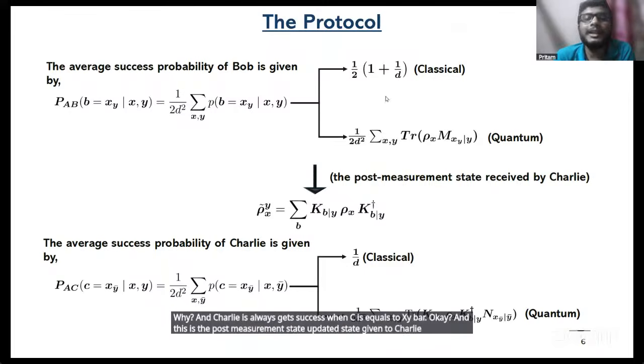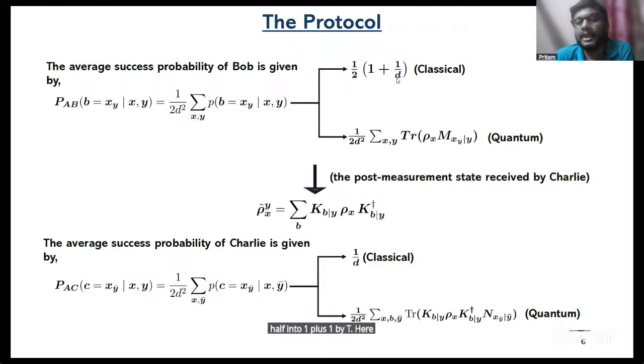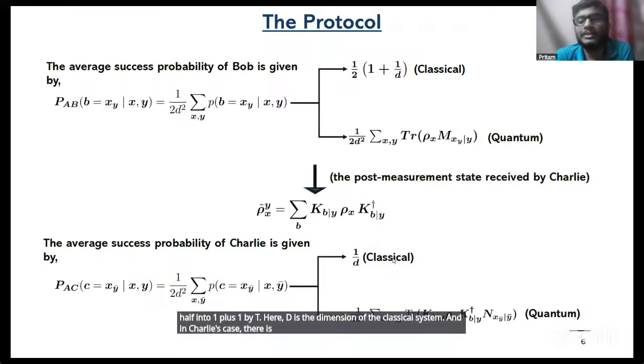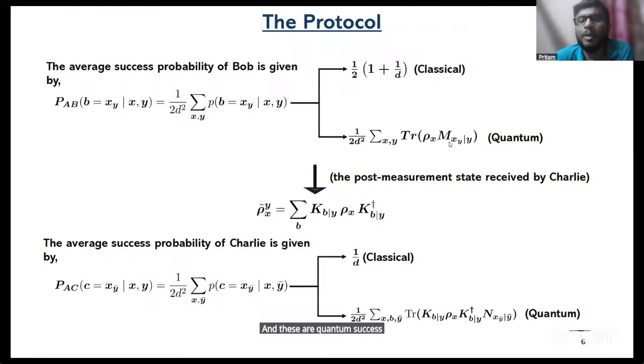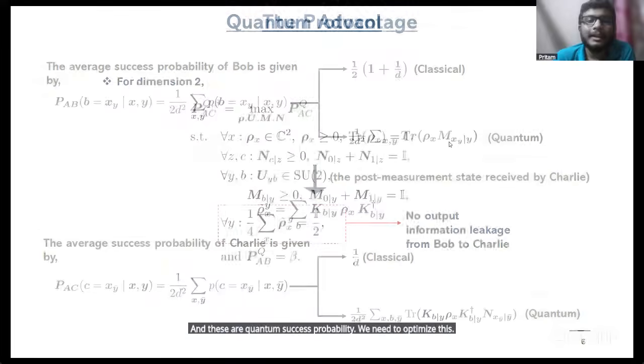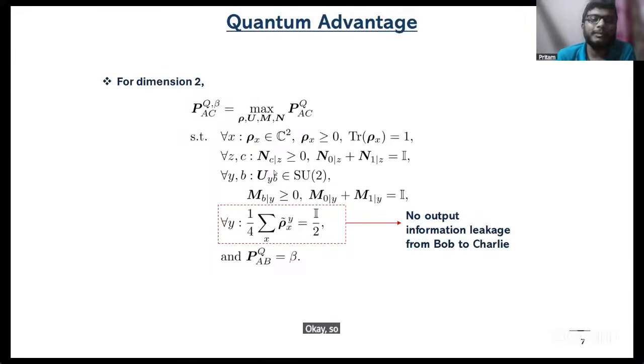In this case, if we calculate the classical success, it follows the standard RAC protocol, half times 1 plus 1 by d. Here d is the dimension of the classical system. In Charlie's case, there is no additional advantage, so Charlie needs to guess randomly, 1 by d. And these are the quantum success probabilities, which we need to optimize. Okay, so first simplify the protocol: choose d equals 2.